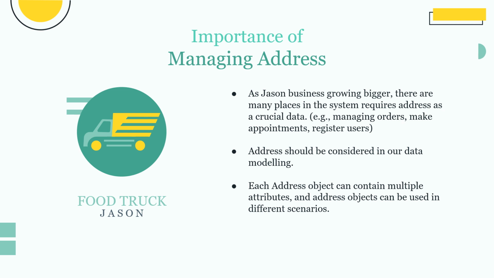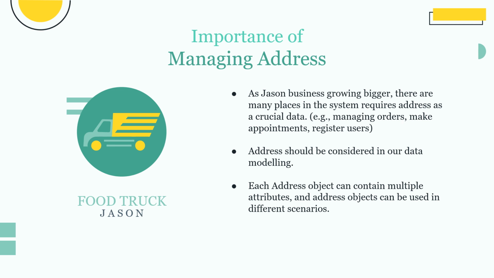For example, when we manage orders, register new users or make appointments, this location information is very important and should be considered in our data modeling, because this data is retrieved and used in many ways in multiple situations.